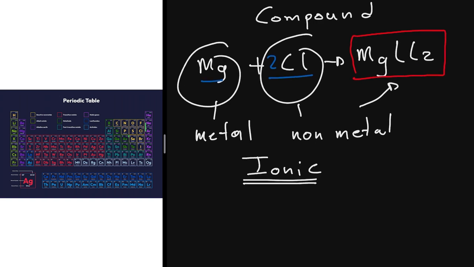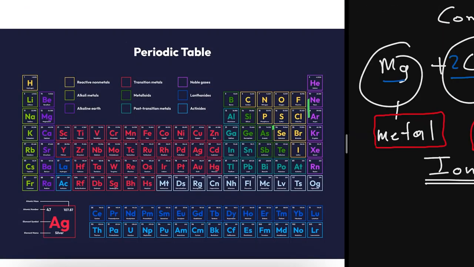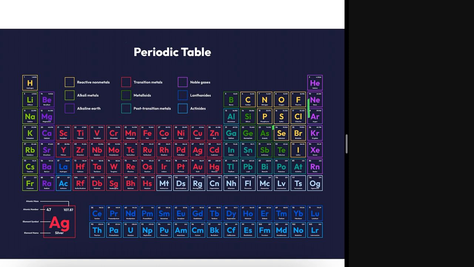But first, we need to understand how we know which element is a metal and which element is a non-metal. All this is grouped in the periodic table. In the periodic table, we have different types of elements arranged in a specific way that helps us know what is a metal and what is not.